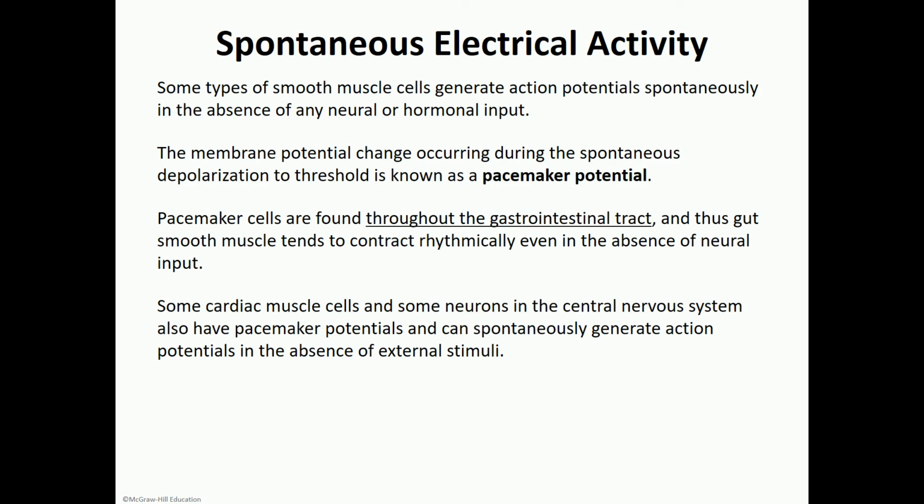So we'll talk about the spontaneous electrical activity. Again, they have this pacemaker potential. Pacemaker cells are found throughout the whole gastrointestinal tract, and that's why you have these very rhythmic contractions that happen throughout the system. They are also like peristaltic waves where parts contract and others relax in sync together in order for the substances to move through the whole system.